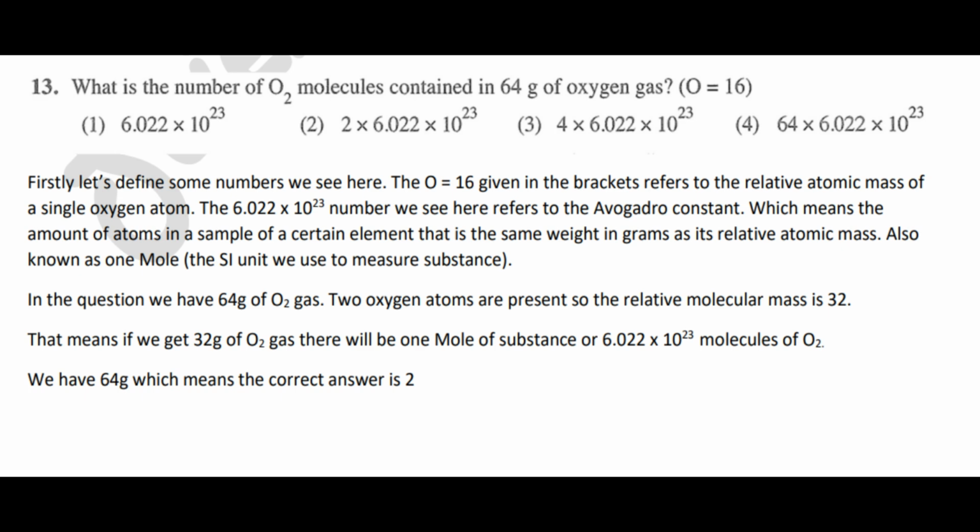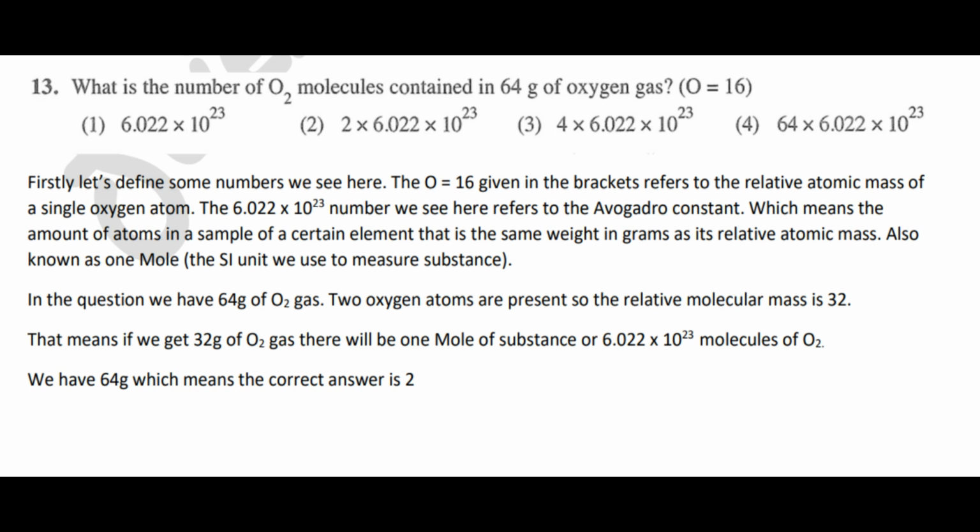atoms in a sample of a certain element that is the same weight in grams as its relative atomic mass. So what it means is, let's get water, H2O, two hydrogen atoms and one oxygen atom, right? The relative atomic mass of hydrogen is 1, and of oxygen is 16, right? 2 ones, 16, 18.